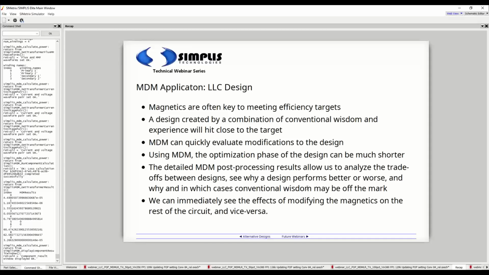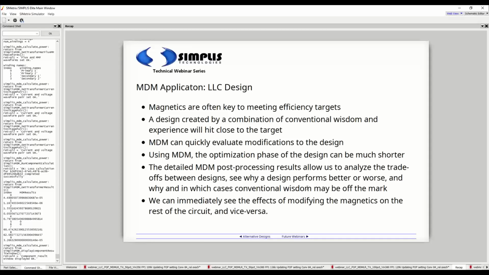And this is where MDM really does its magic, because you can use it to quickly evaluate modifications to the design. You saw that our simulations, despite having to rerun them all, only took a couple of minutes. And so using MDM, the optimization phase of the design can be much, much shorter.